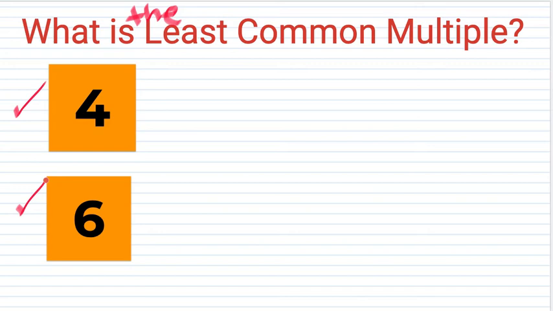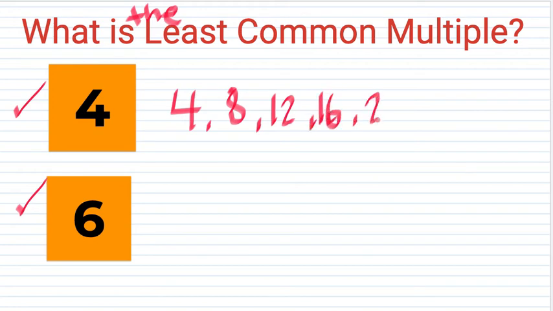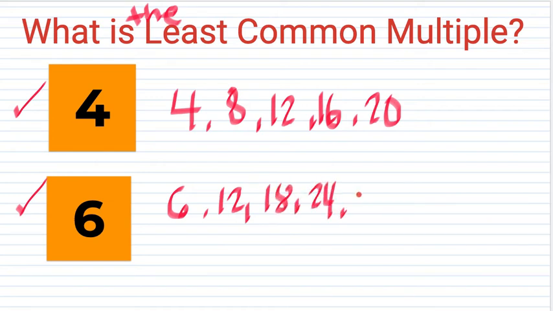All you need to do is the skip counting. You need to provide the first 5 multiples of 4. So we can have 4, 8, 12, 16, and 20. Now for 6, we can have 6, 12, 18, 24, and 30.